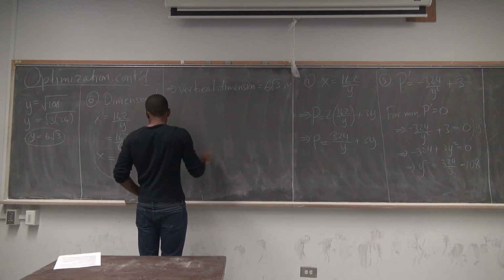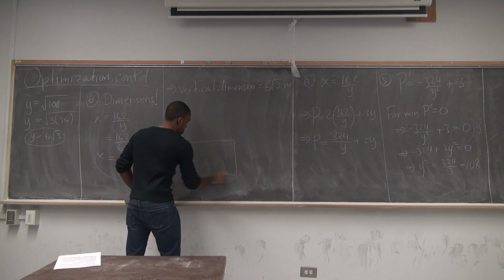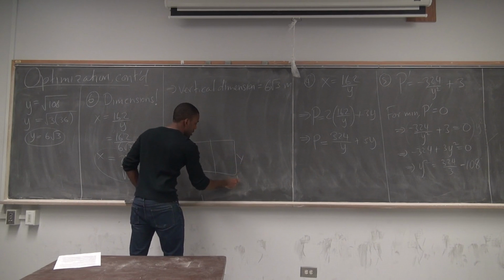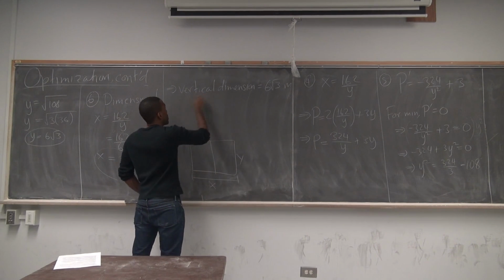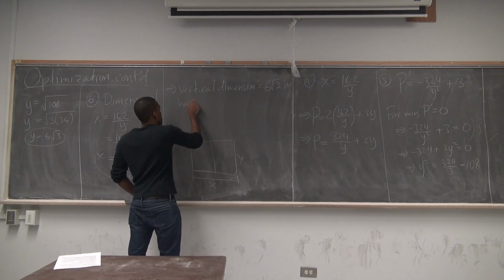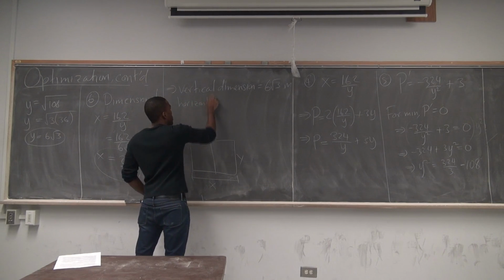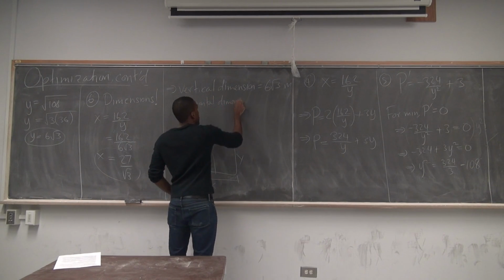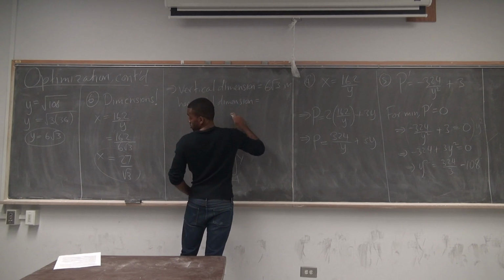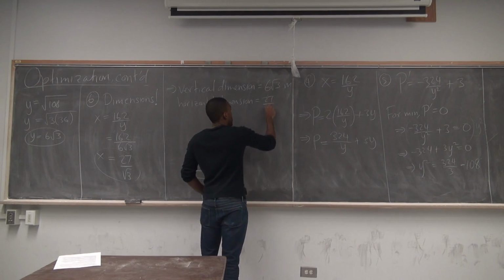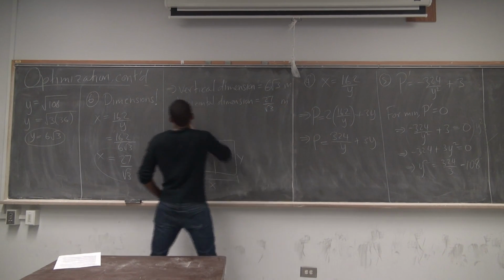Yes, according to our original diagram, we call this y and that x. And the horizontal dimension is 27 radical 3 meters.